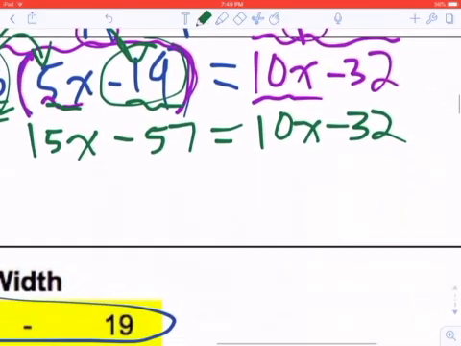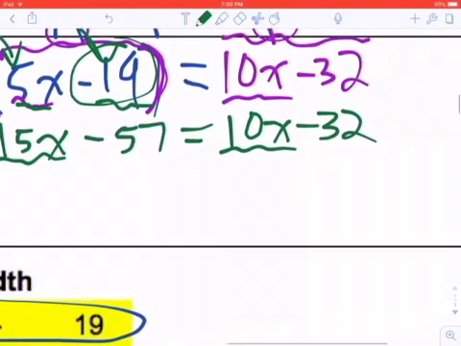Now I've got an equation that I can solve. Can I apply inverse operations? The answer is no, because x appears more than once. So I need to get all the x's onto one side. I've got 10 x's here and 15 x's here. Would I rather subtract 15 x's or 10 x's from both sides? I would rather subtract 10 x's, then I won't get any negatives.